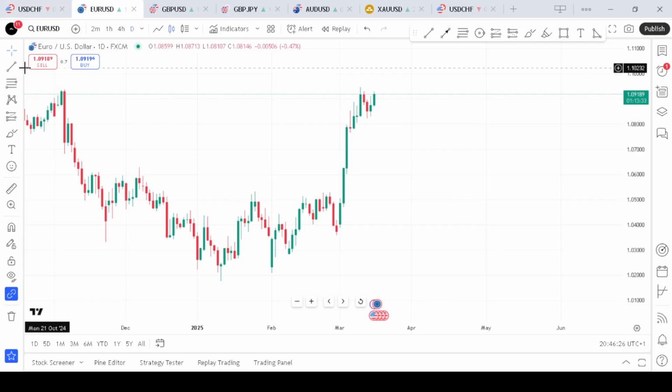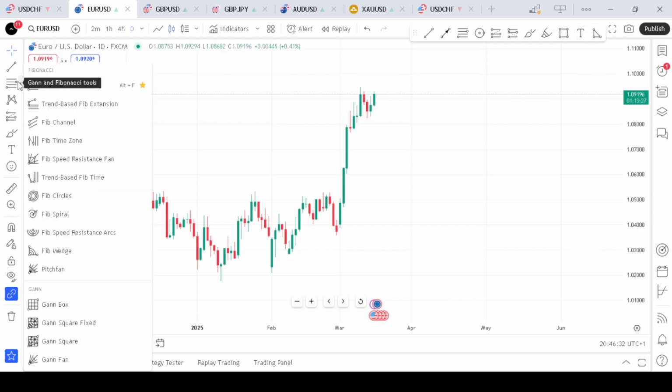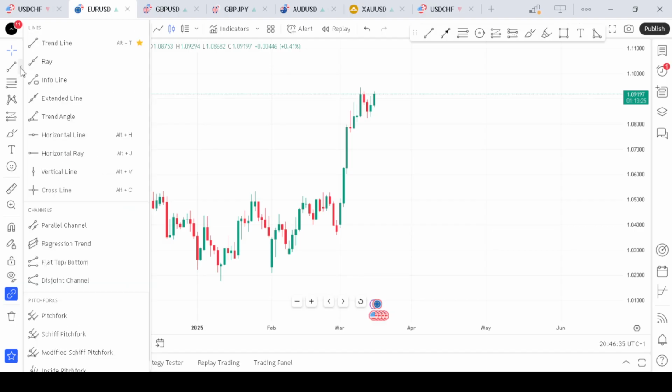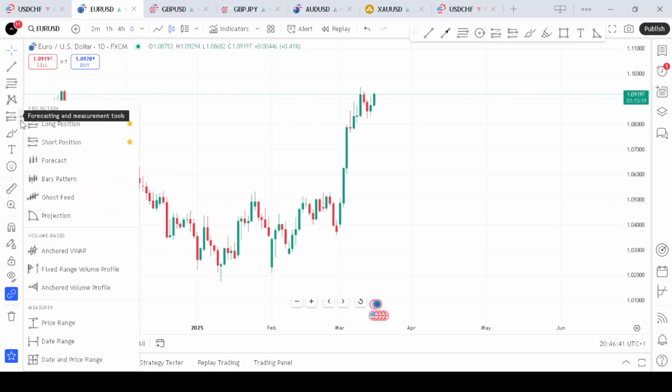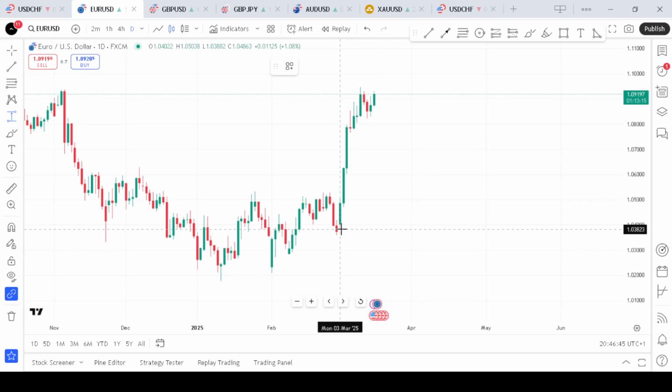Now let me explain why their volatility is different. I'll quickly measure the distance, their peak values, to explain better to you guys. So let's see, this is a peak value.